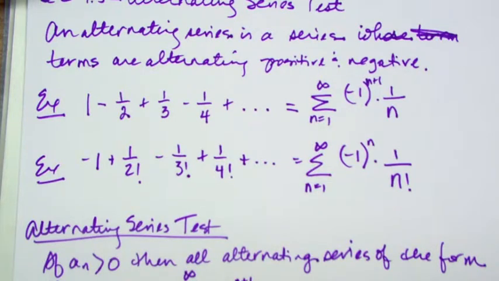Okay, and I'm going to add a fifth. Now I'm at my partial sum, and it's something like 0.78. Okay, so here I am. What is the maximum error that could exist at this partial sum approximation?